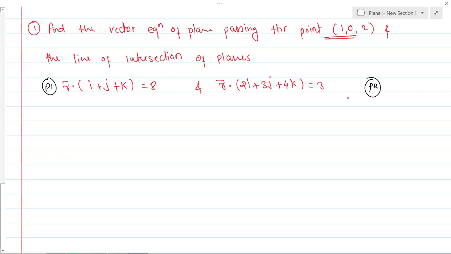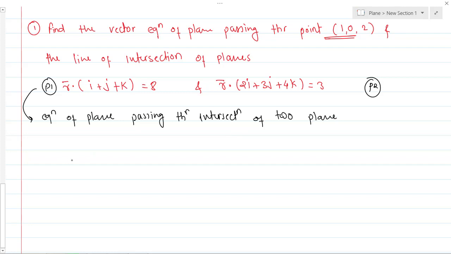You can get the equation in the vector form or in the Cartesian form, no problem. Let's take the vector form only. The equation of a plane passing through the intersection of two planes is given by r bar dot (n1 plus lambda n2) equals d1 plus lambda d2.